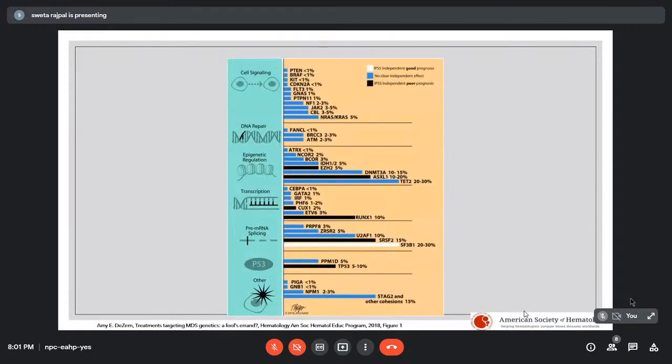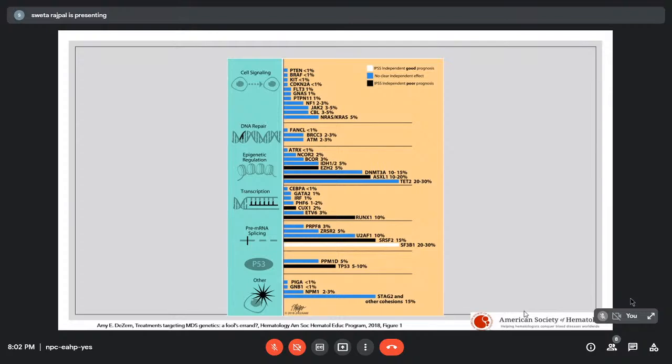This is the table taken from ASH 2018, and here we can see the different types of mutations and their frequencies described. We can see the white line for SF3B1, and its incidence is mentioned in bold letters: 20 to 30%, one of the commonest.